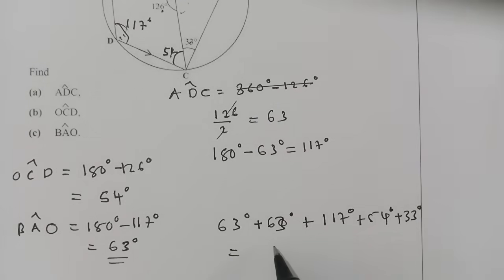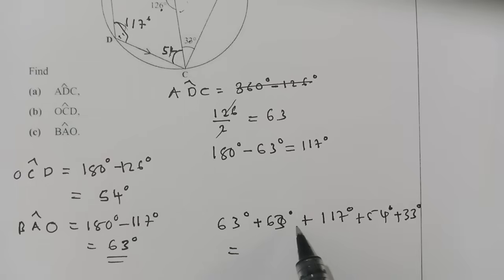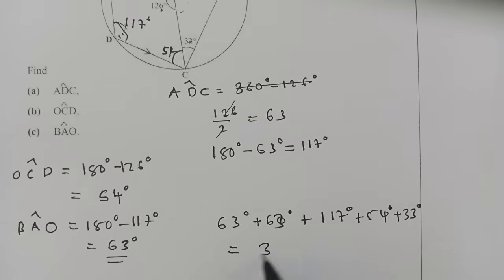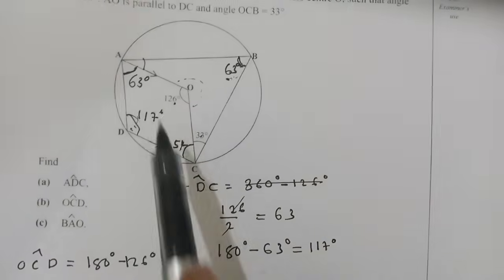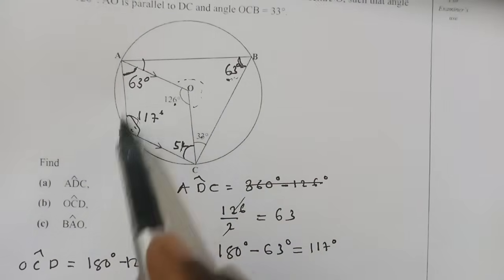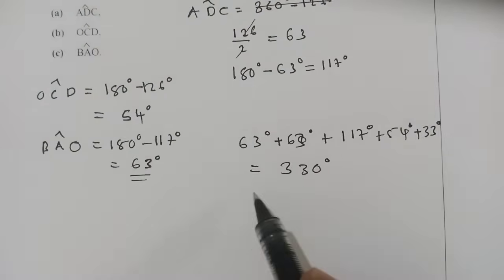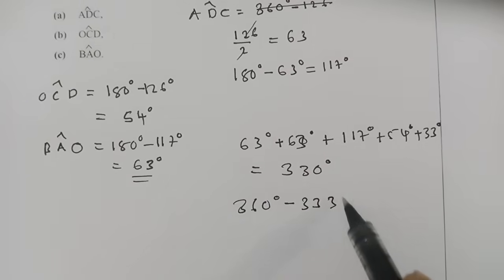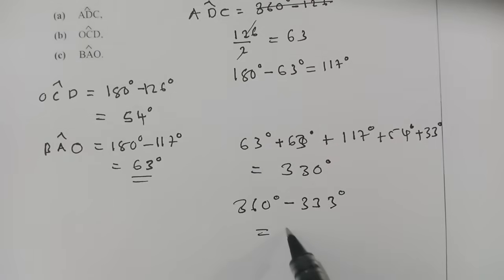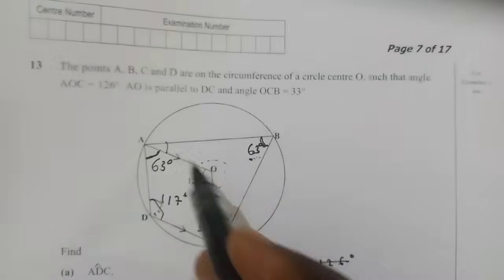We're getting 330 degrees. So now, since all the angles inside here add up to 360, we can say 360 degrees minus 330 degrees. What do we have? It's 30 degrees. So this is 30 degrees.